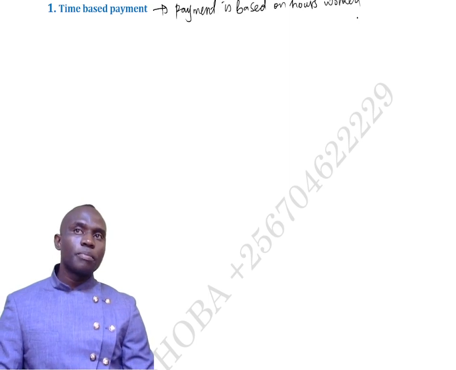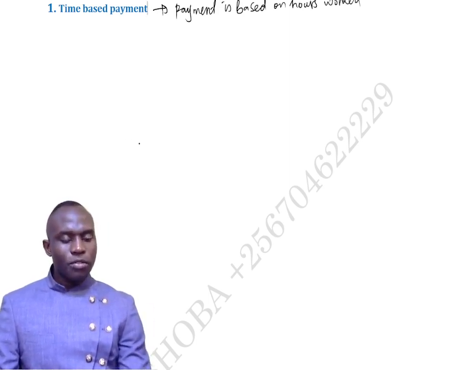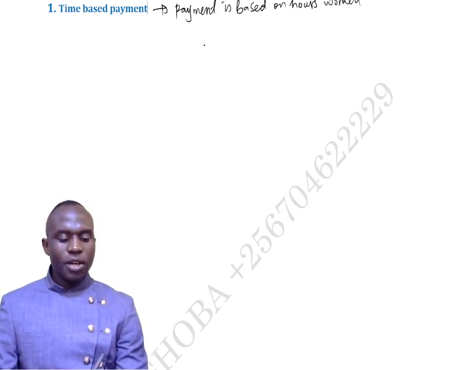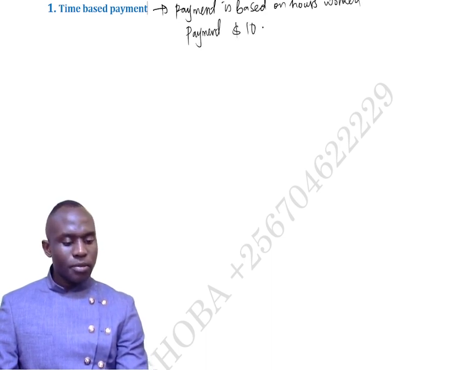For example, maybe someone is working in a factory and is supposed to work for 8 hours a day. So time per day is 8 hours and the payment is maybe $10 per hour.